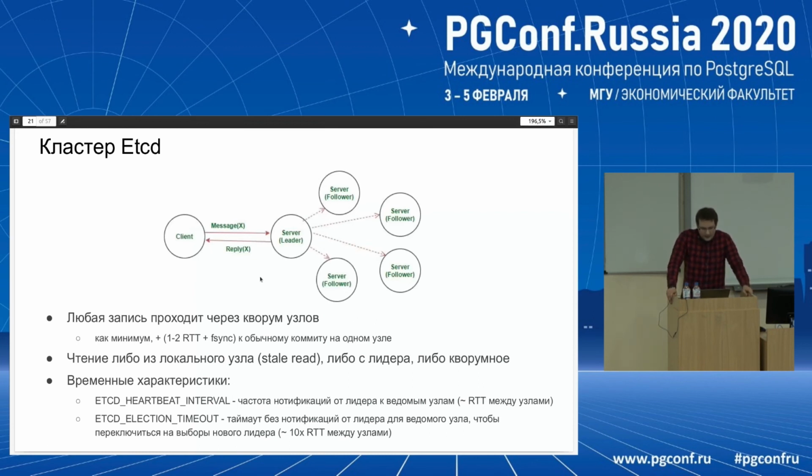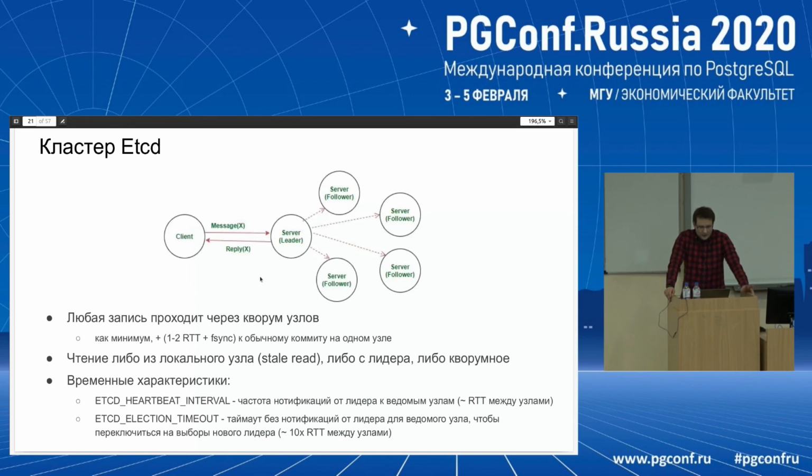In this state, the nodes are electing a new leader, and all the logs go through the leader. If a write comes to a follower, it goes further to the leader, and then the leader distributes it to all the other replicas, and then it gets a quorum of responses from these replicas.